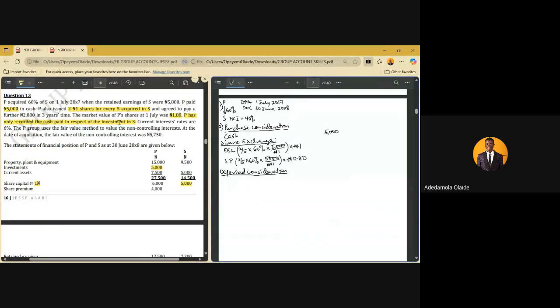They said they have agreed to pay a further 2,000 in 3 years' time.